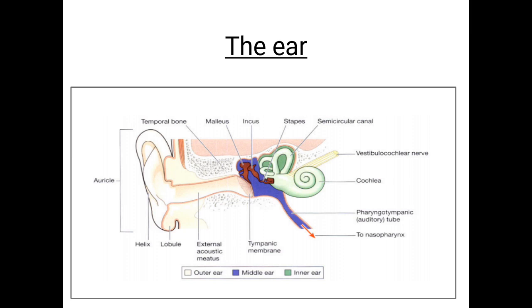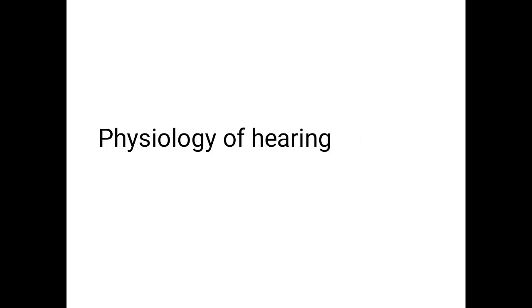Just down there, where you can see the arrow, we have got the eustachian tube. This eustachian tube helps supply air just right there. So that's the structure of the ear.